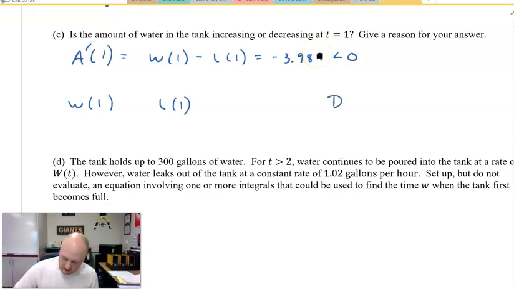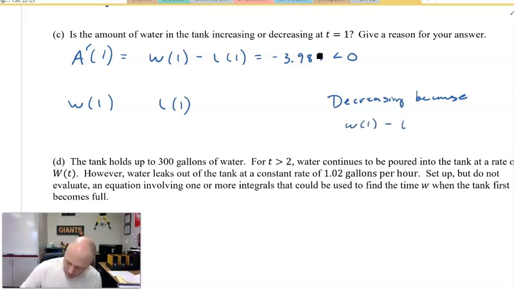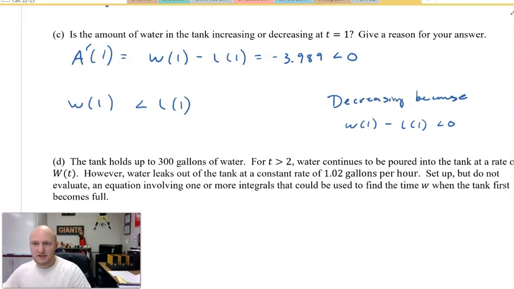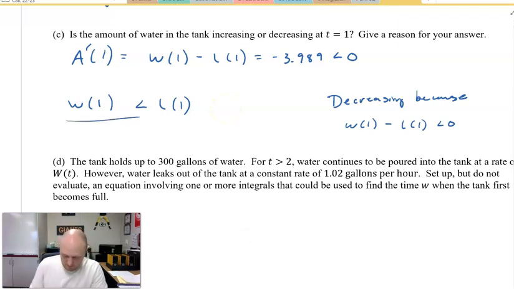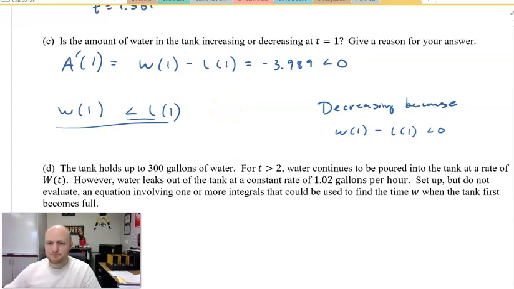We can say decreasing because W of 1 minus L of 1 is less than 0. I've also seen them compared, right? So the amount of water in the tank is leaving. L of 1 is greater than W of 1. If you use this justification, I've seen that as well.